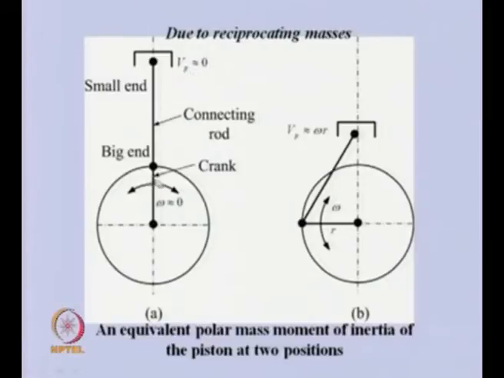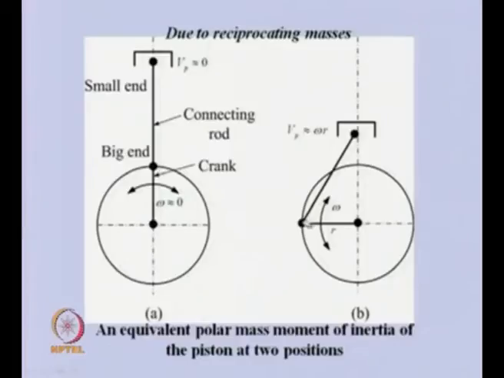If we give some small oscillation to this crank, the piston will hardly move. That means, for this configuration, the piston will not have any inertia. For the configuration at 90 degrees, you can see that because the connecting rod length is generally very large, if we give some small oscillation to this crank, the piston will have exactly the same velocity.